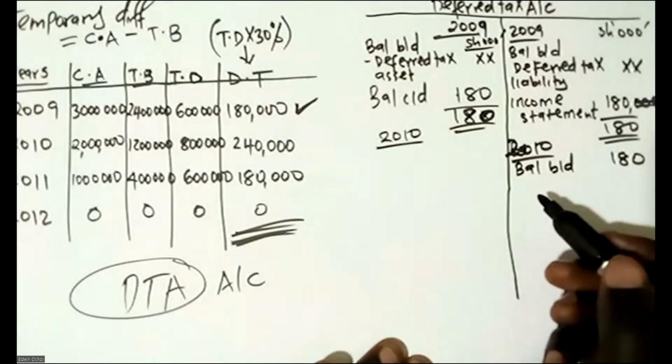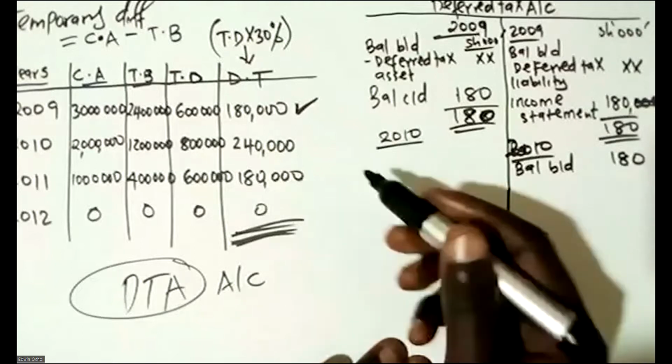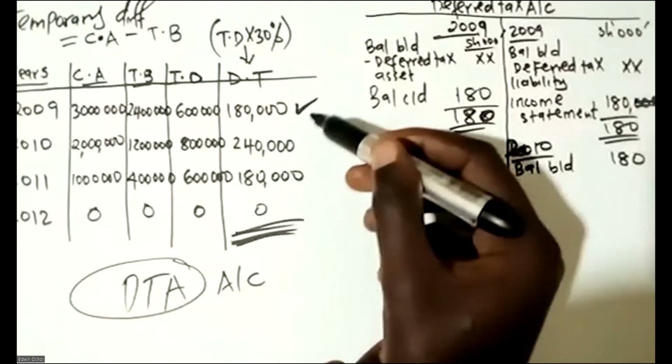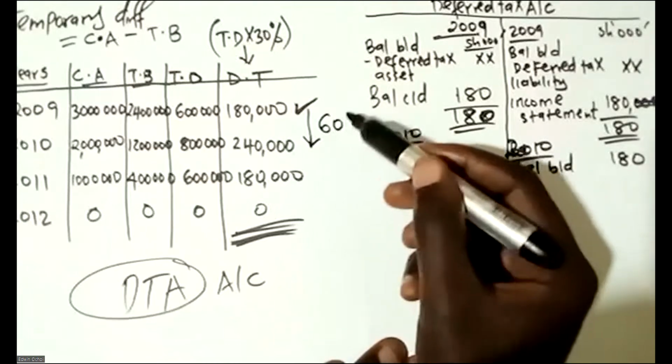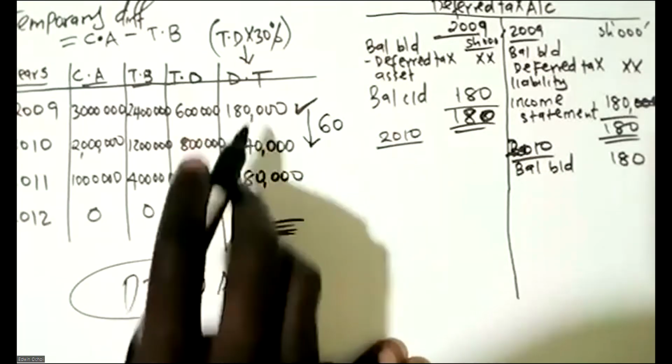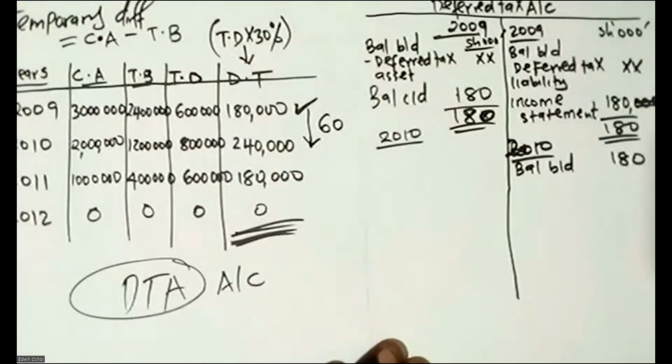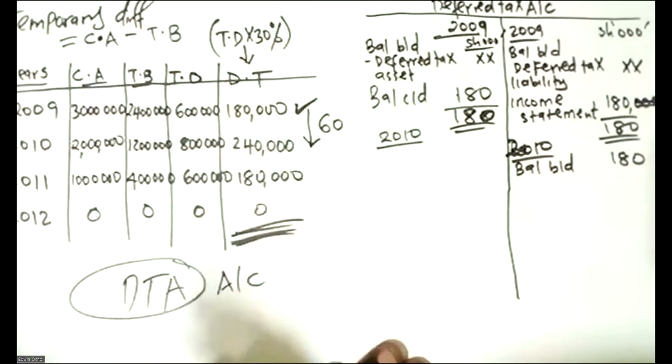Then in the next year, remember this 180 is a future provision for deferred tax they made. So 240 is inclusive of the 180, because 180 is to cater for the future taxes. So they only made a provision of 60, that is 240 minus 180.